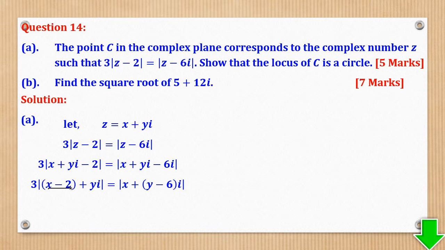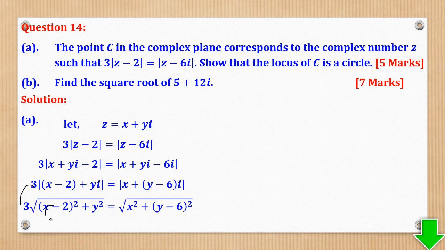Collect like terms, real alone, imaginary alone, real alone, imaginary alone. Then modulus is given by that, square root of this squared plus this squared, and here square root of this squared plus this squared. So here we don't put i in the modulus. So expand.